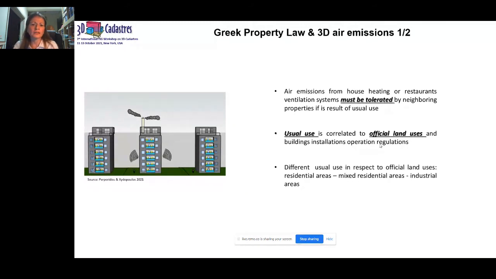So this definition in Greek property law connects land uses with how each owner can use their property. There can also be mixed uses as long as those uses do not affect the usual use of the property.